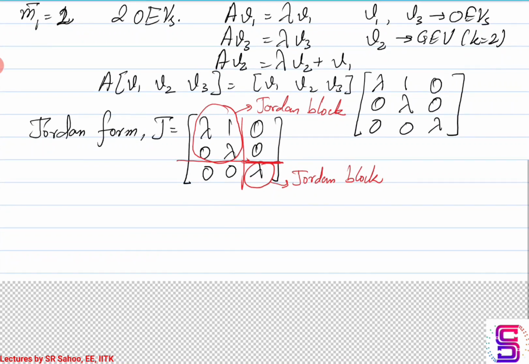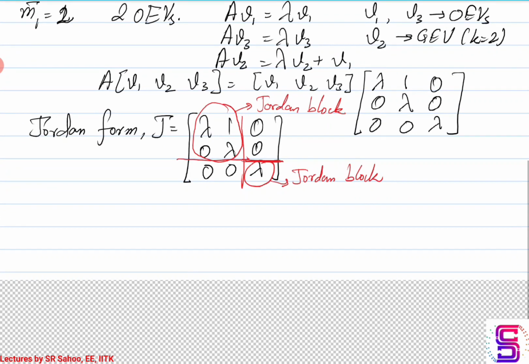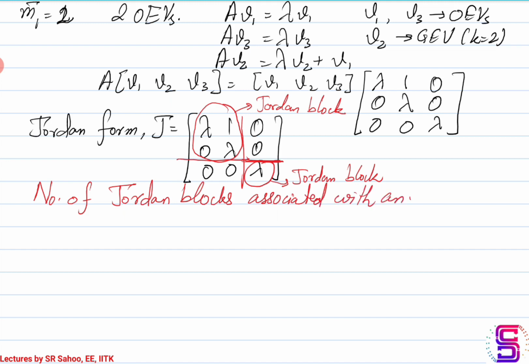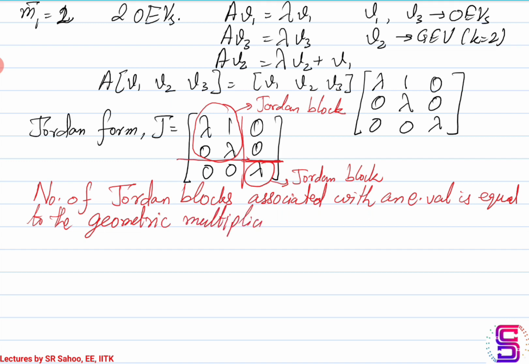Notice that the number of Jordan blocks associated with an eigenvalue is exactly equal to the geometric multiplicity of the eigenvalue.